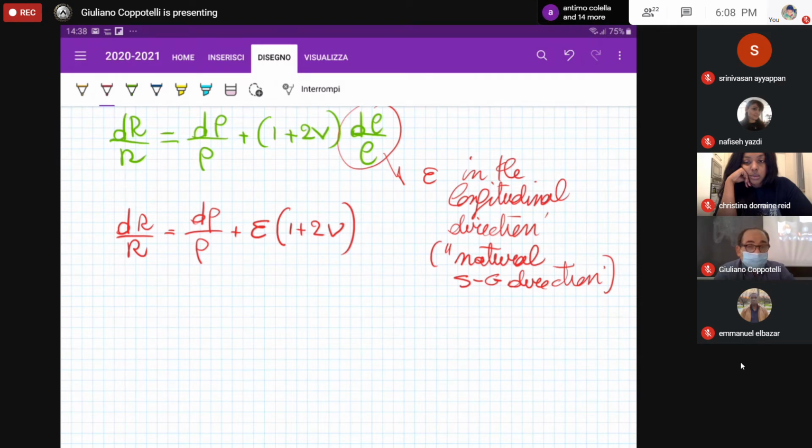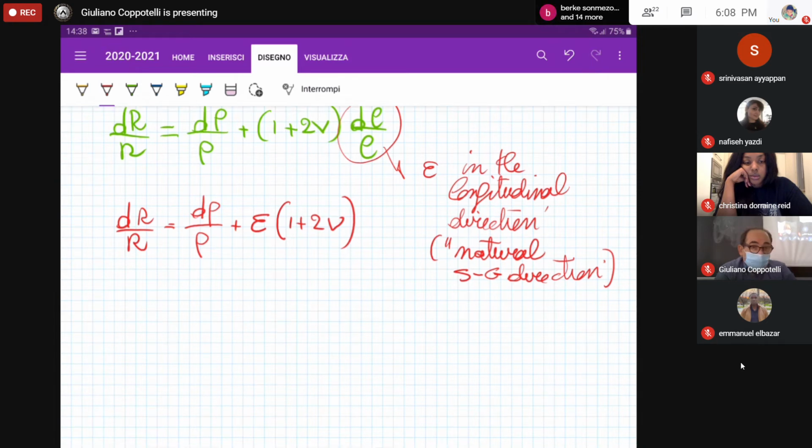So from the measurement point of view, this equation is very nice, but it's not that nice.